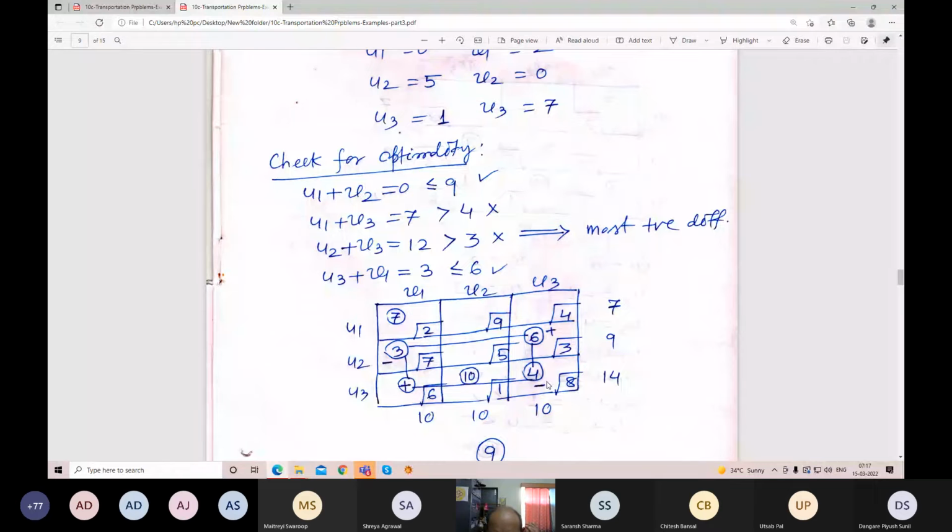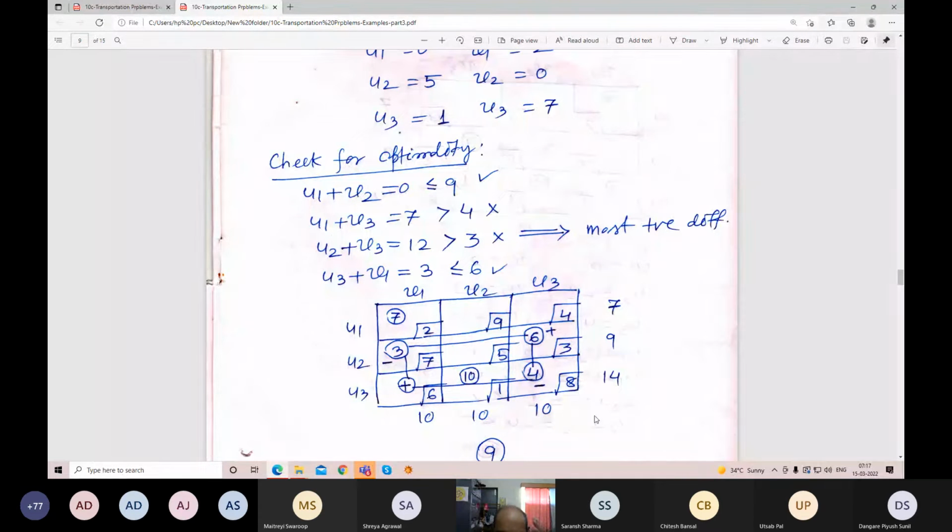We have a closed loop here. So this will be positive, the opposite one is negative, and these two are negative. Positive means it will increase, negative means decrease. The number of positive marked cells and negative marked cells are equal. These two will increase and those two will decrease.